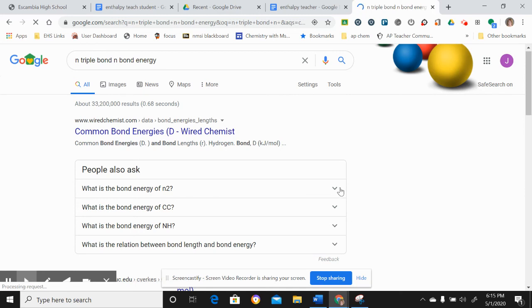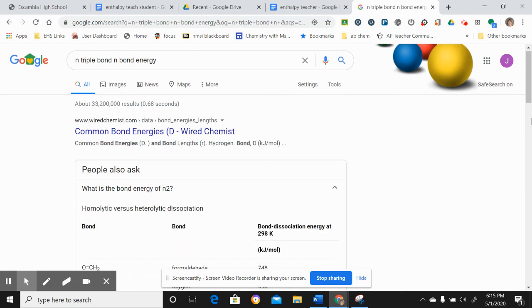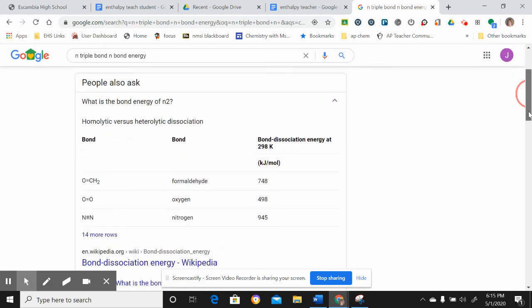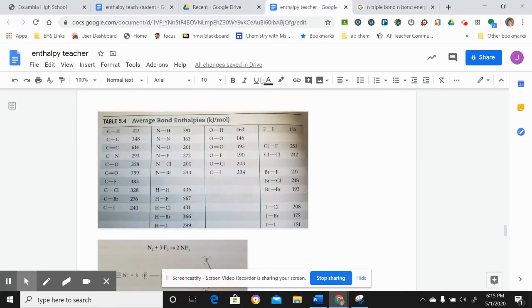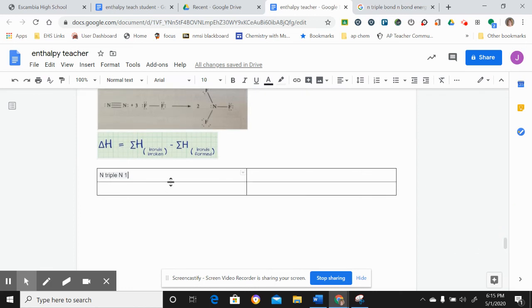What is the bond energy of N2? N triple bond is 945 kilojoules per mole. And we have 1 times 945.